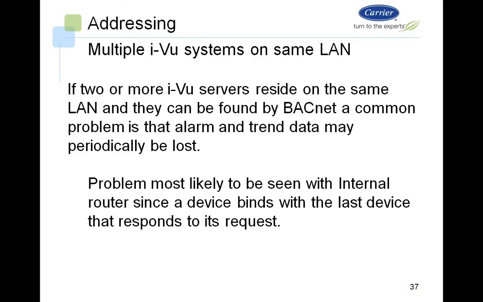If you happen to have two servers with the same device ID, in this case 169.999, the last one to communicate to the controller or the router will be the one that gets the trend data and the alarm data, and this will result in lost alarms and lost trend data.